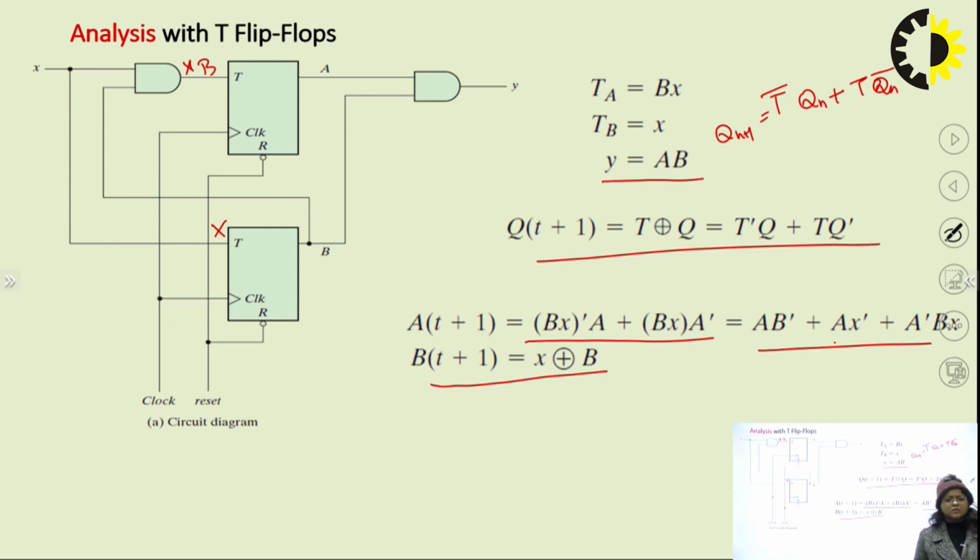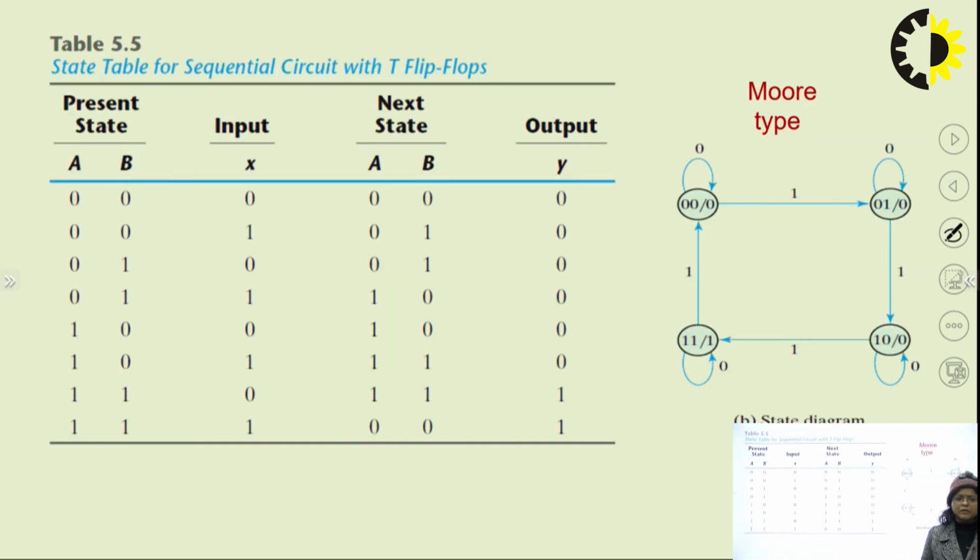So using the next state and output and present state and input, we formulate the state table. Present state A, B, input X. Next state A(t+1), B(t+1) and Y. We will write all the 8 combinations from 0 0 0 to 1 1 1.